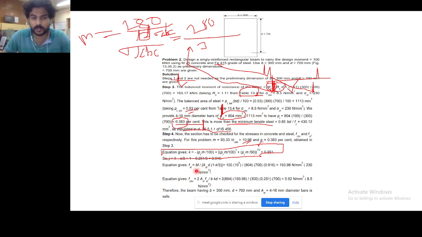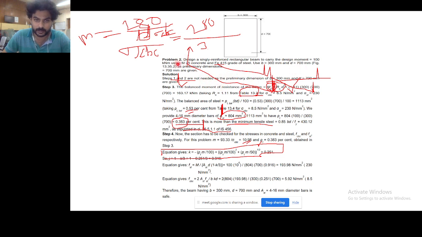Now we have checked only the steel. Now we have to check for concrete also. So the concrete we will calculate again by this formula. We'll put all the values. Then this is coming as 5.92, which is less than 8.5. What is 8.5? It is again sigma CBC provided by table 13.4 for the M, which M?